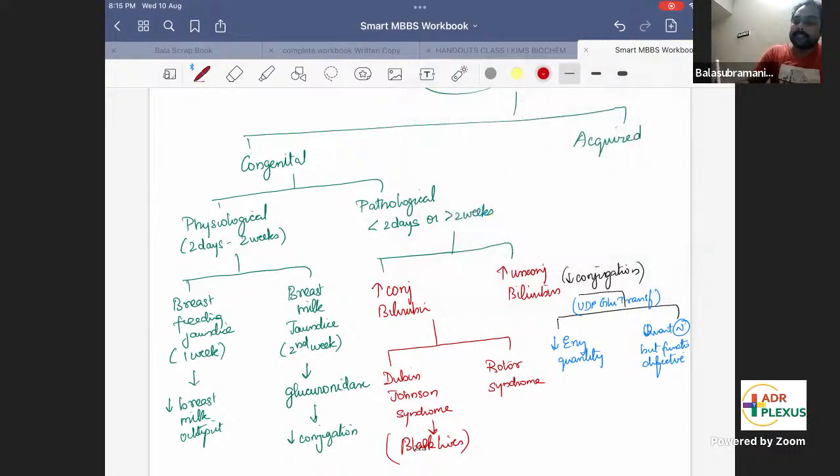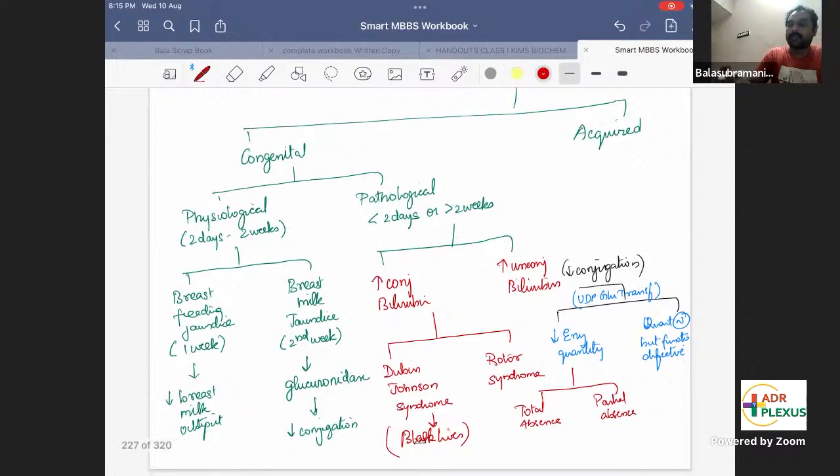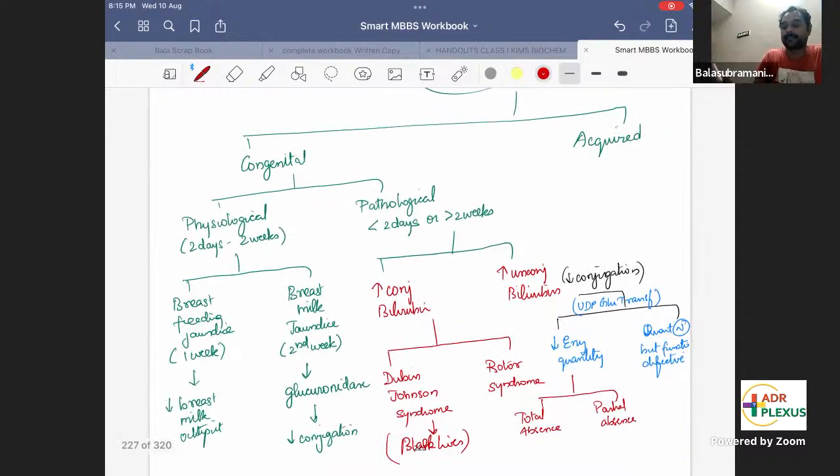Decreased enzyme quantity is further divided into two types: total absence of the enzyme and partial absence. If it is total absence, it's a very severe disease called CNS type 1. If it is a partial disorder, CNS type 2.